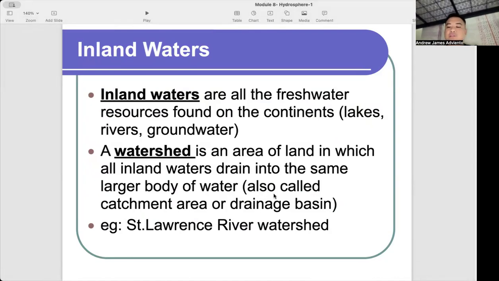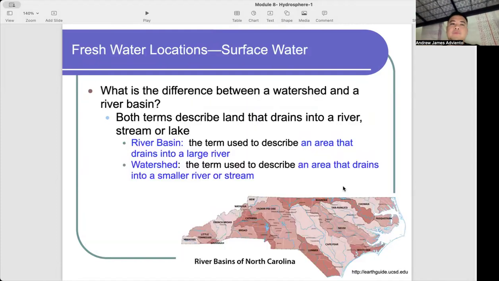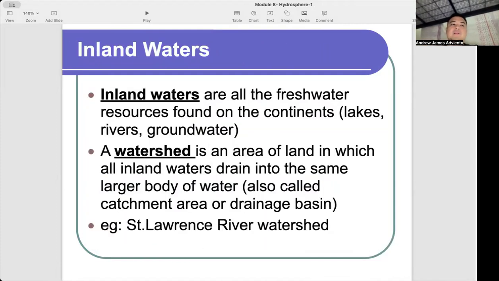Now, let's go to watershed versus river basin. Okay, so when we say watershed, this one drains into a small river or a stream, and river basin, I'll show you later, drains into a large river.